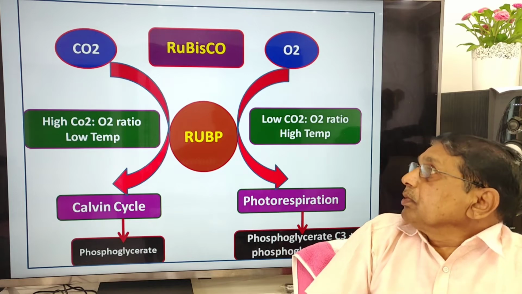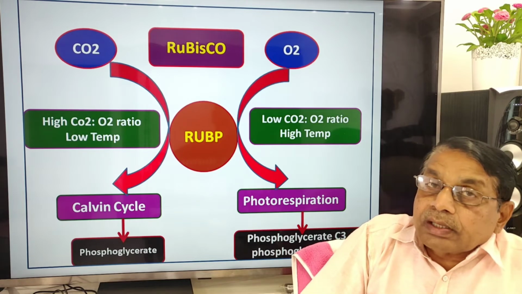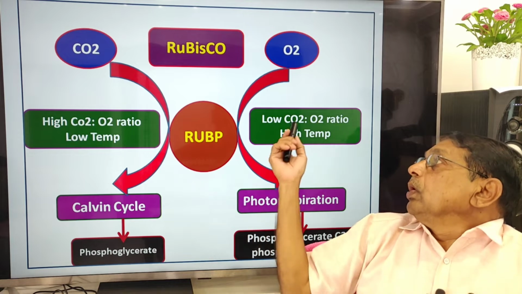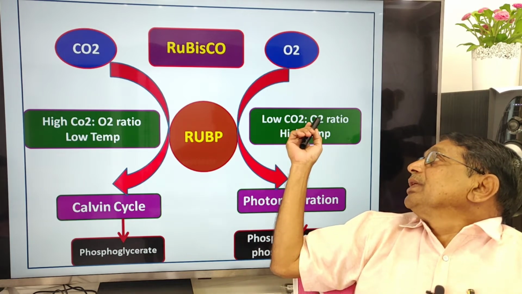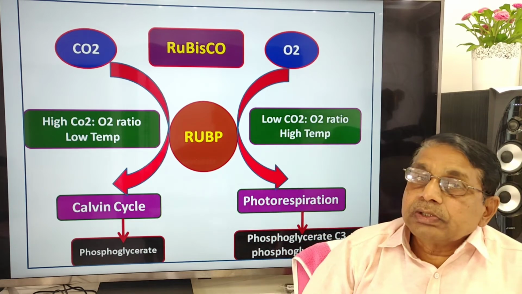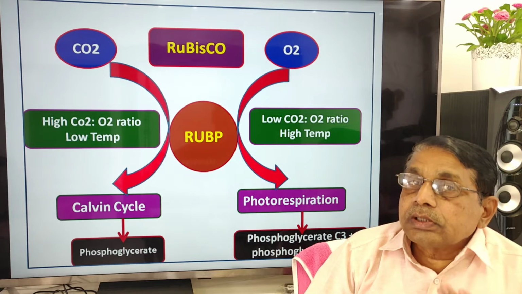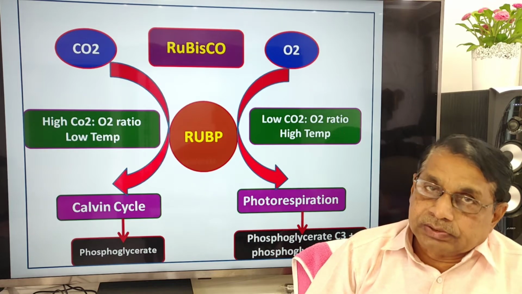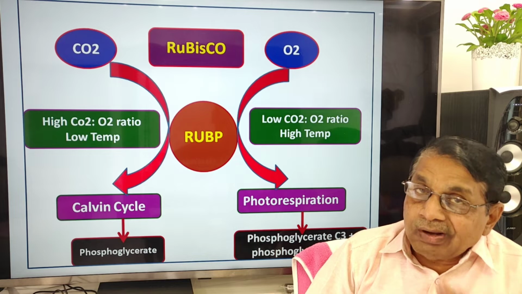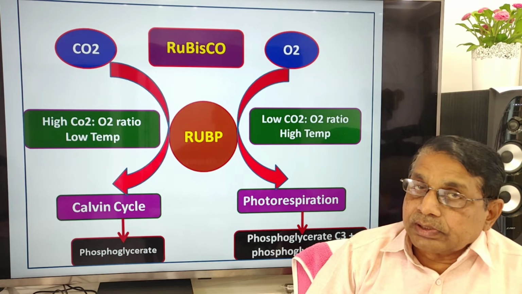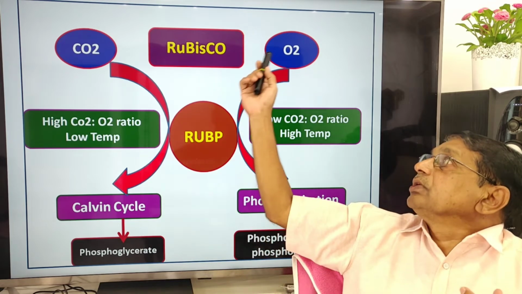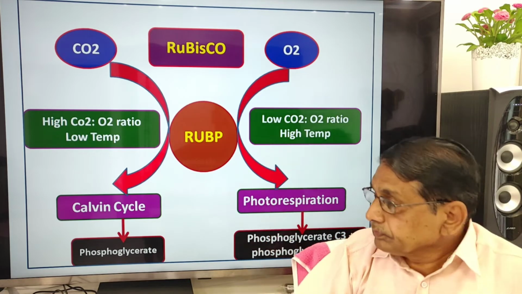Rubisco can also absorb oxygen. Under what conditions? A low carbon dioxide to oxygen ratio, that means more oxygen than carbon dioxide. Under such conditions it will absorb the oxygen.